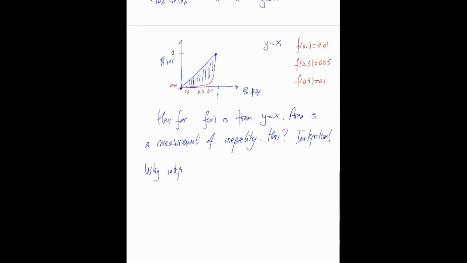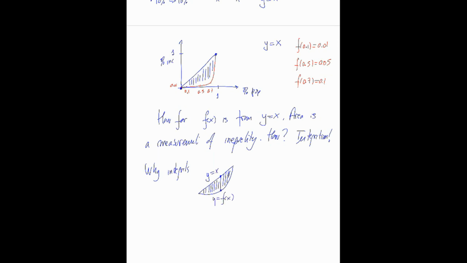Because here what we want to measure is this compared to this one here. So it's the sum of all this. This is the difference between the perfect and the not so perfect one. So we want to add up all these differences, which means computing this area. This is y equals x, and this is y equals our distribution.